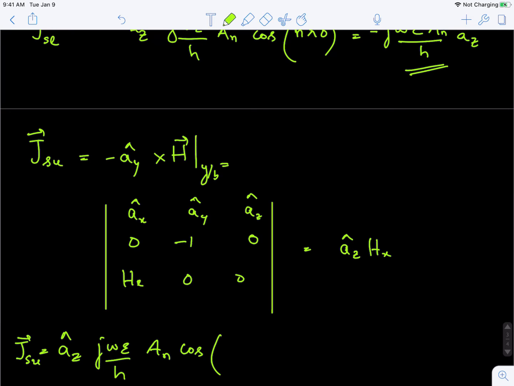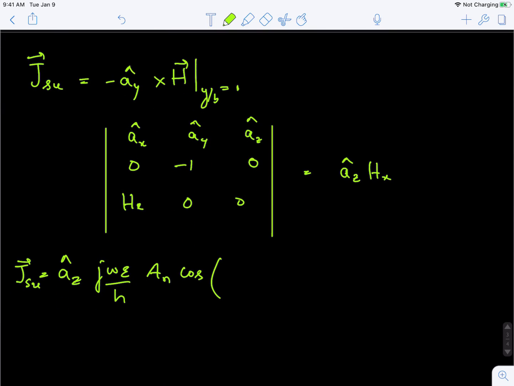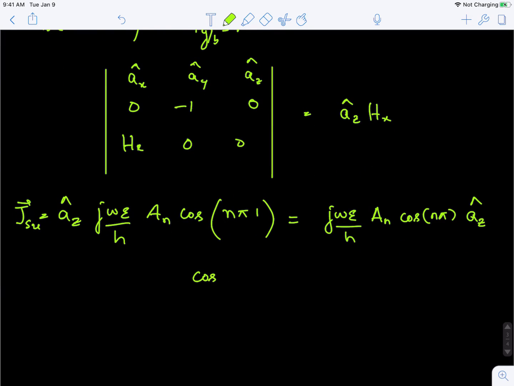Sorry, when it's the upper plate, y by b is equal to 1. So that's going to be equal to j omega epsilon by h a_n cos(n pi) a_z.